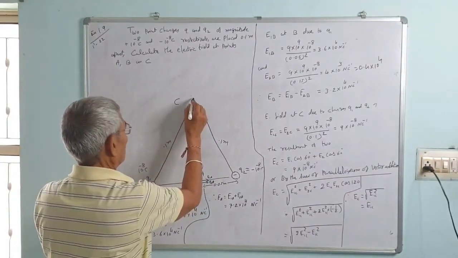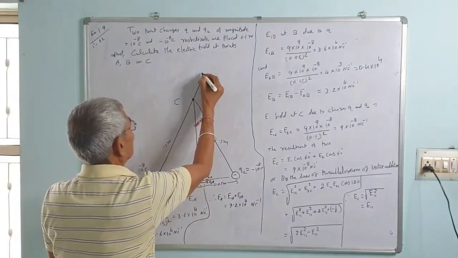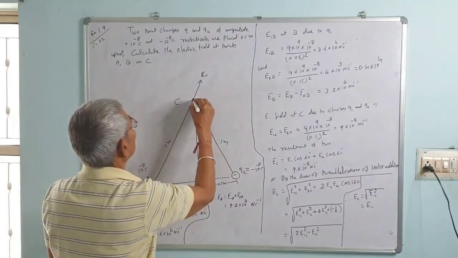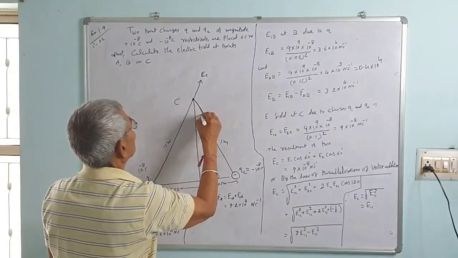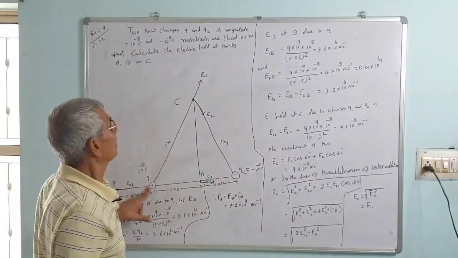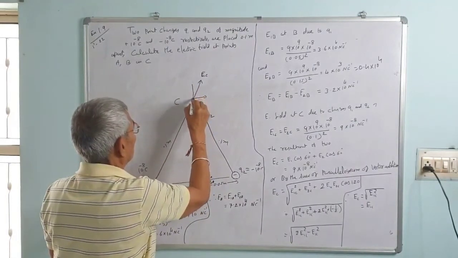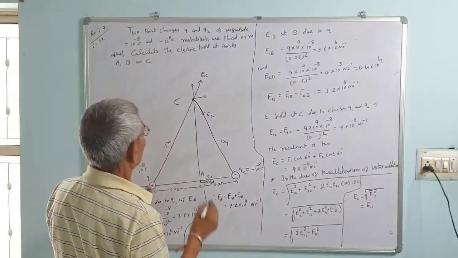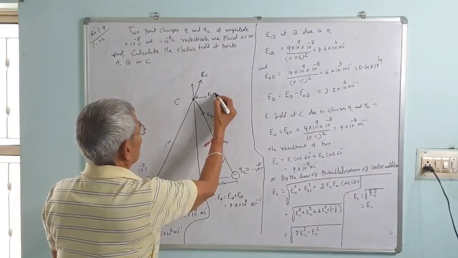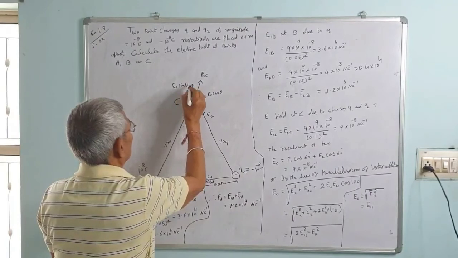It is a repulsive force in this direction. This is E1C, and this will be attractive. This is the direction of E2C. Let us resolve this into two perpendicular components. This angle is theta, this is EC cos theta, this is EC sin theta.